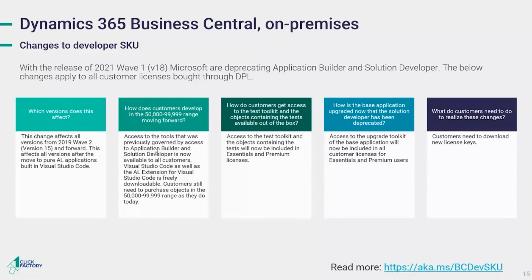What is most important is, of course, that custom objects will need to be purchased on premises. Sorry if I have not mentioned it in the very beginning, but this is about Business Central on premises.